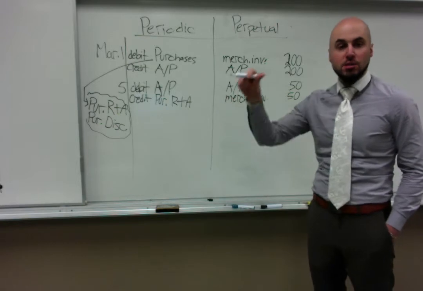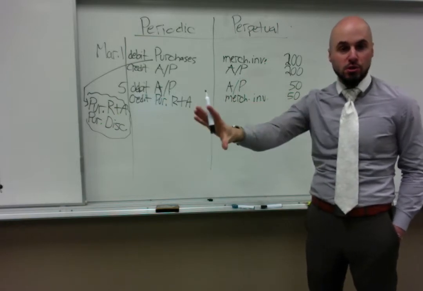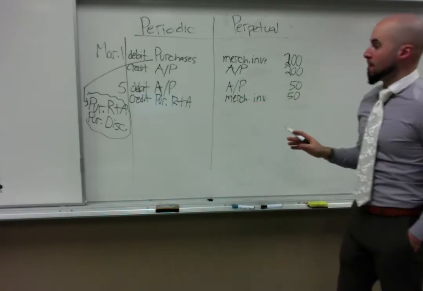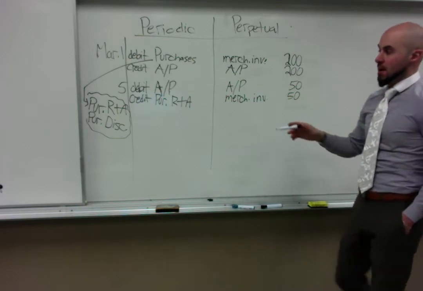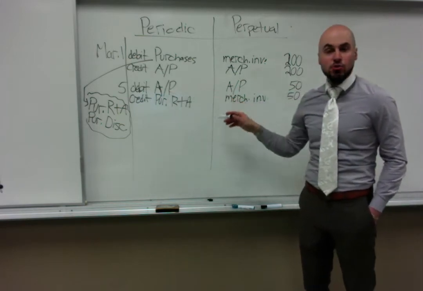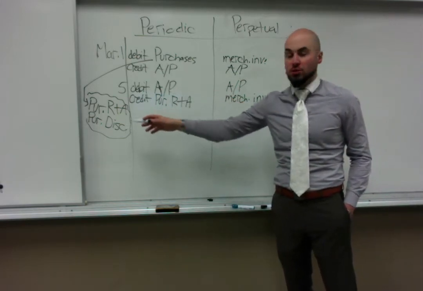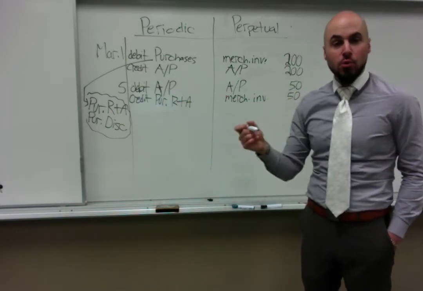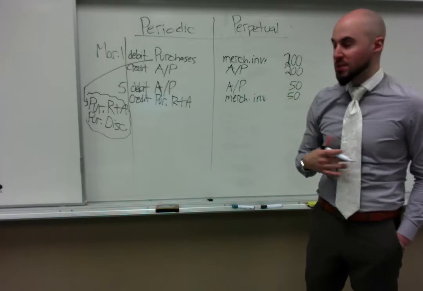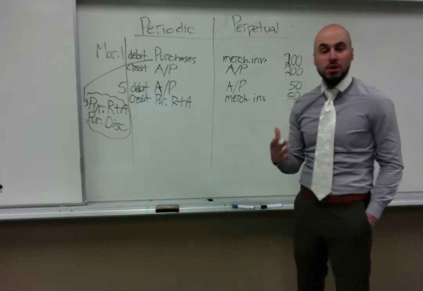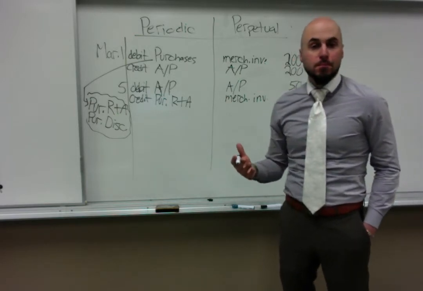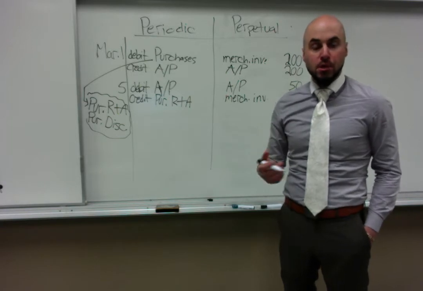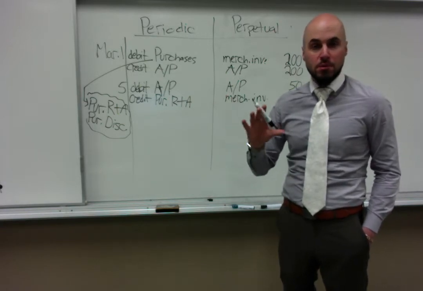We're crediting it to decrease it since we returned it. Okay? And it's the same entry if it's a purchase allowance, meaning we're not returning it, but we're just getting a reduction in the price because there's something wrong with it. It could be defective, whatever the issue is.